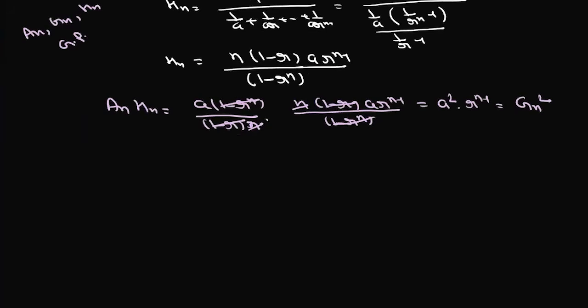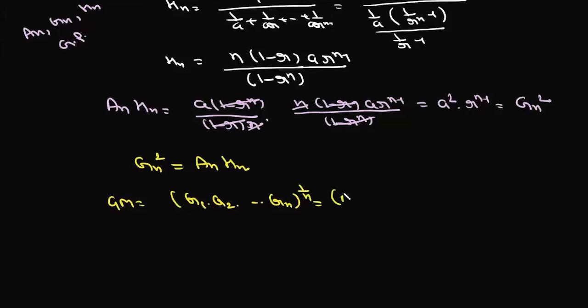So for any n, Gn square will be equal to An into Hn. Now what it is asking for is the GM of G1, G2 up to Gn. So we have to find the GM of G1 into G2 up to Gn, so this will be to the power 1 by n.